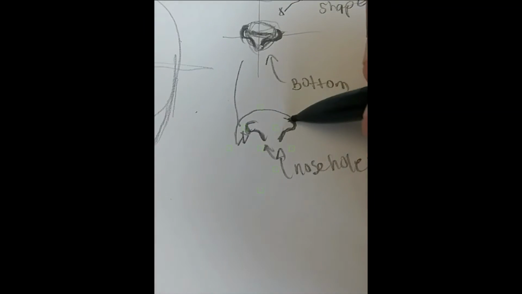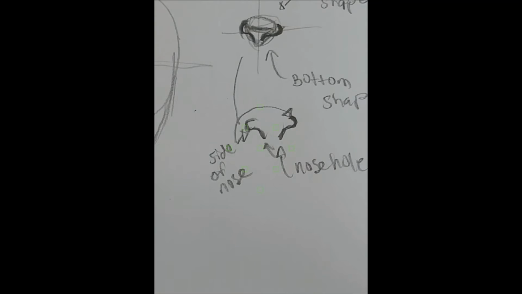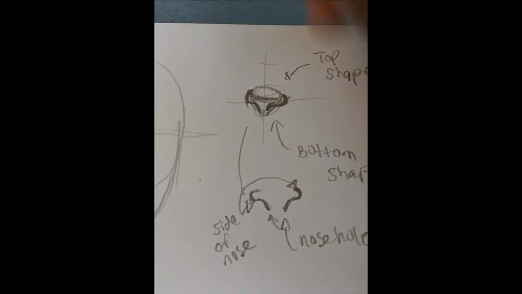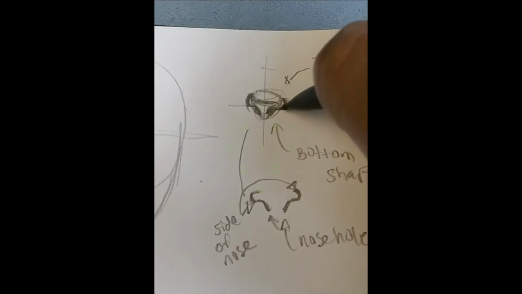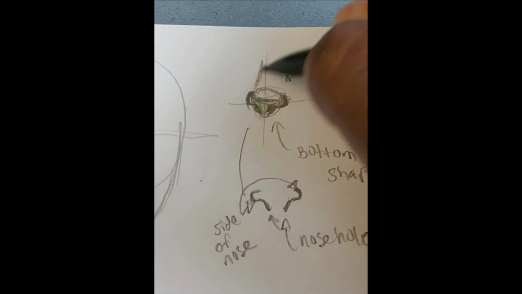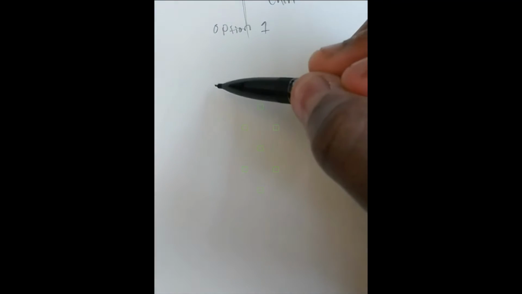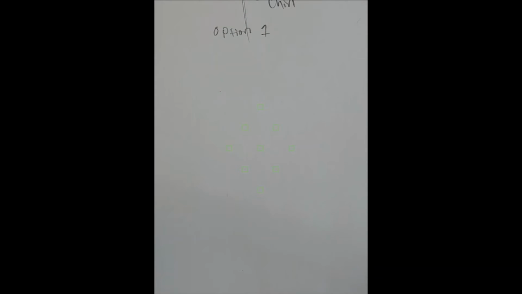Again, this is just one example of what nose that you could want your character to have. It's not a surefire way for this character to have this type of nose. I'm also going to be showing you simple examples that you probably see lots of the times, either in anime, or in cartoons, or in manhwa, and just any types of animation, because all the characters don't have noses like that.